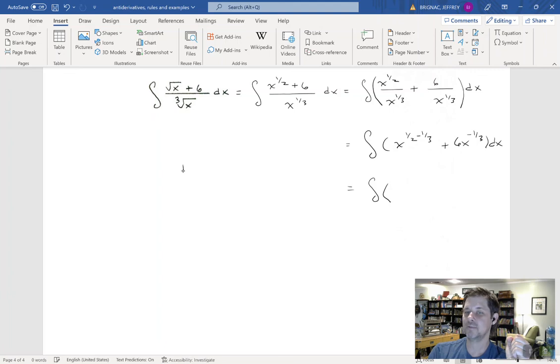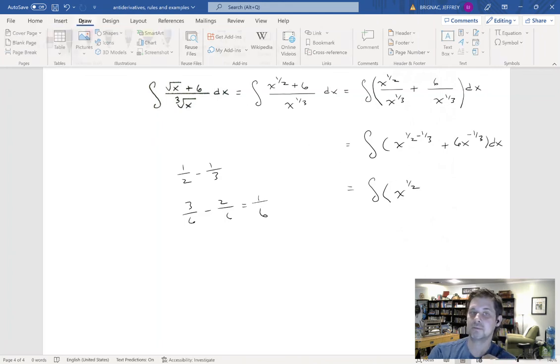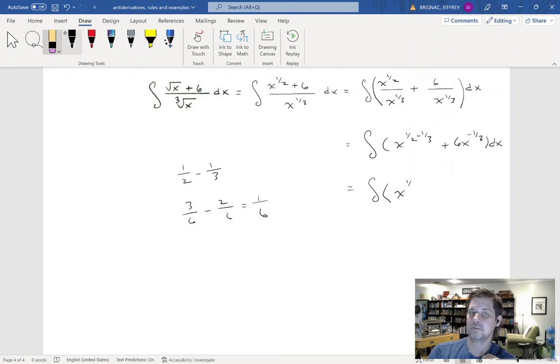Common denominator 6, 3 over 6, 2 over 6, 3 minus 2 is 1 over 6. So I get x to the power 1 over 6, and then plus, and I can just leave this the way it is because it's already the way I need it. x to the minus 1/3.